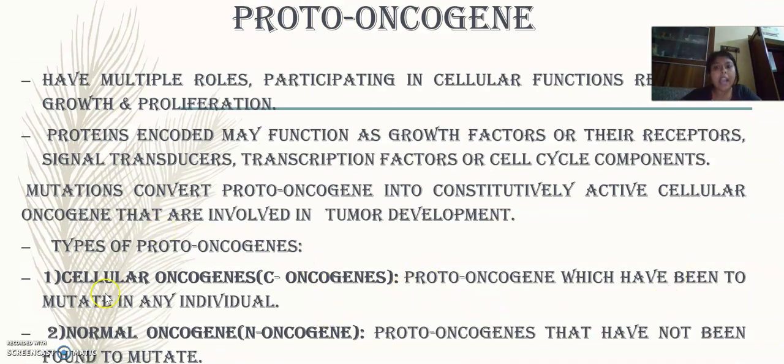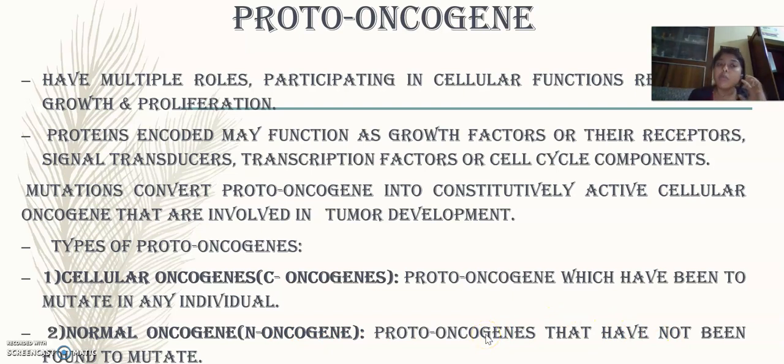Apart from this, the types of proto-oncogenes are cellular oncogenes, the proto-oncogenes which have been found to mutate in any individual, and normal oncogenes, N-oncogenes, proto-oncogenes that have not been found to mutate.